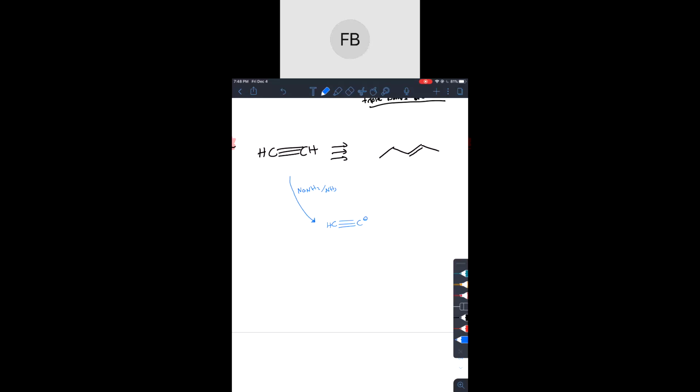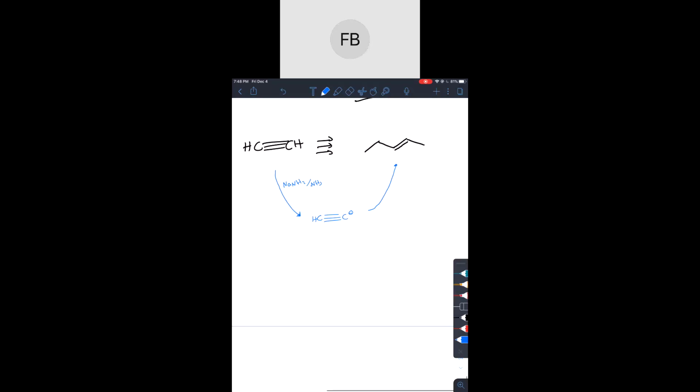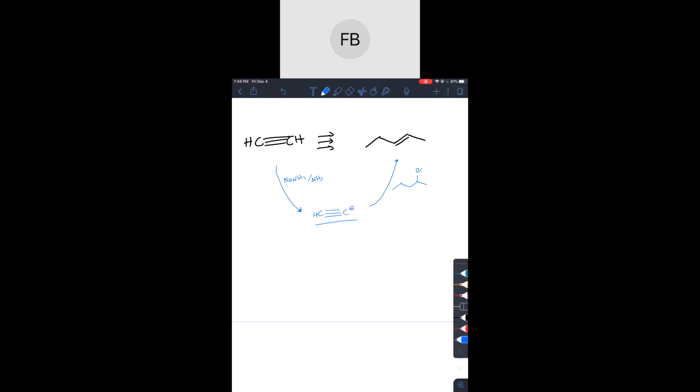Now here, I would just react it with a base, with that molecule. So you can just react it with this. And you can put a leaving group here, right? That would give you elimination. You guys see that? Because this is just acting as a base, so it's just gonna create a double bond.